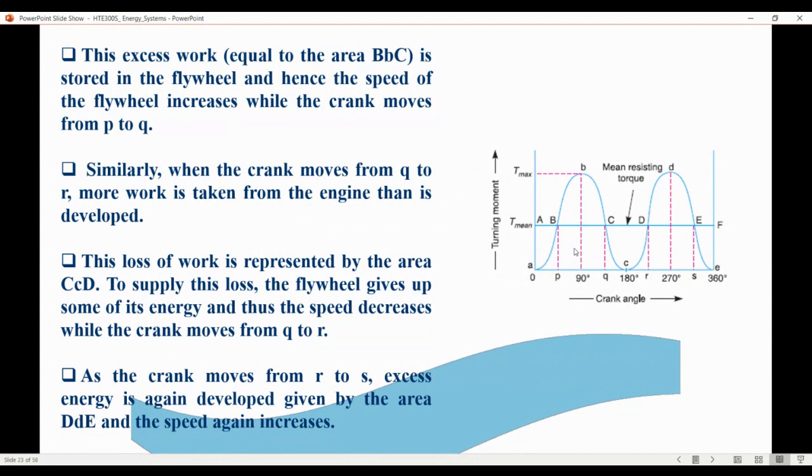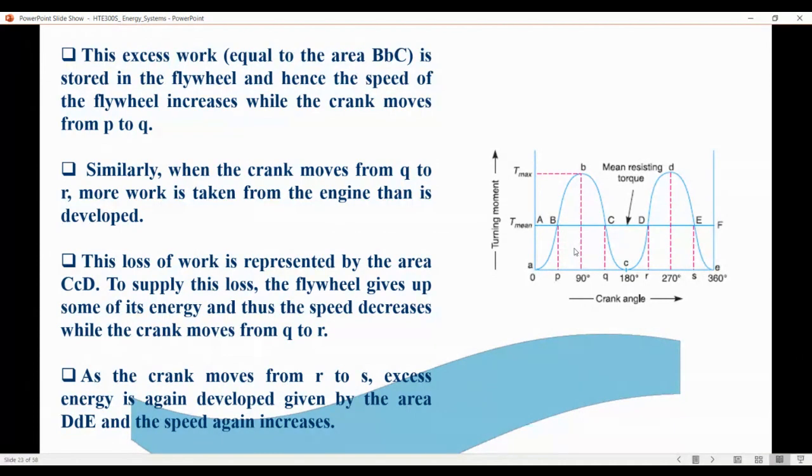Then from Q to R, more work is taken from the engine. At that point, they say the loss of work is represented by big C, small d, big D. To supply that loss, the flywheel must now decelerate. The speed decreases, and it gives off kinetic energy to make sure we get that steady mean.